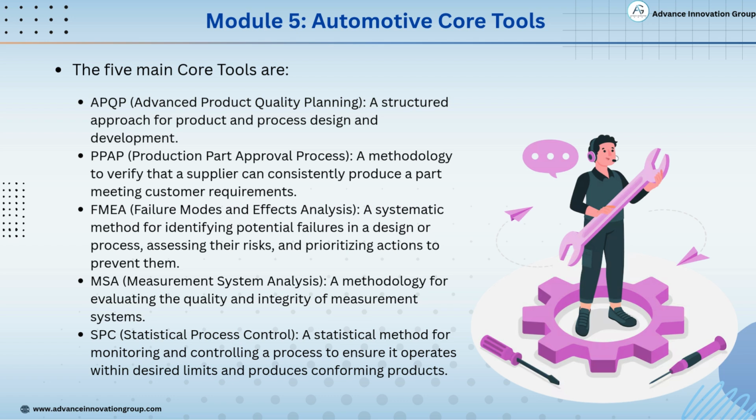SPC, Statistical Process Control, a statistical tool that monitors and controls production processes to make sure outputs stay within desired limits. These 5 tools work together to help organizations build quality into their processes, detect problems early, and maintain customer satisfaction.